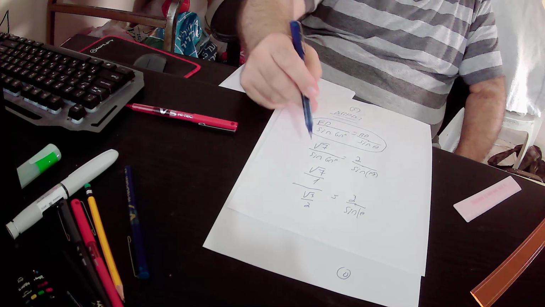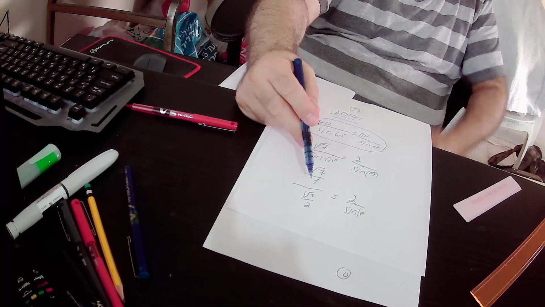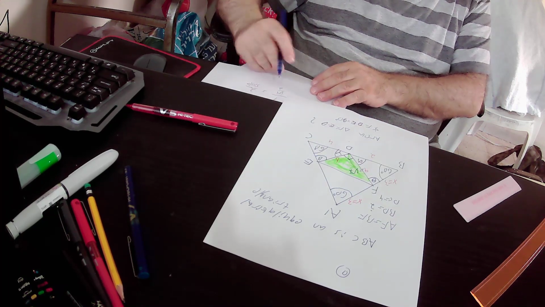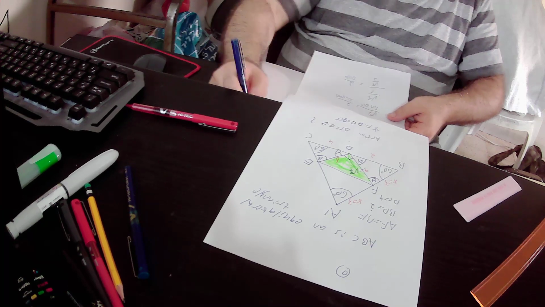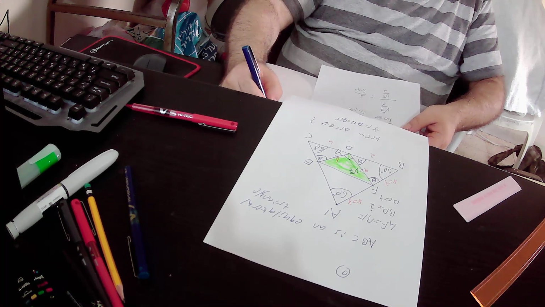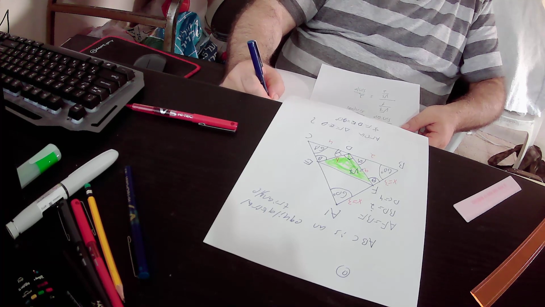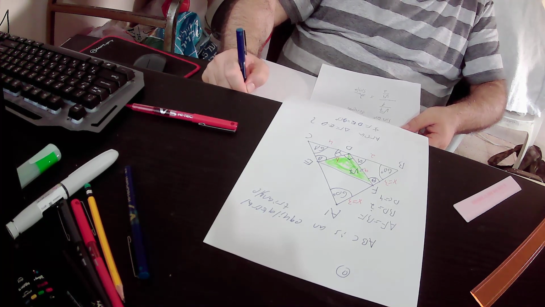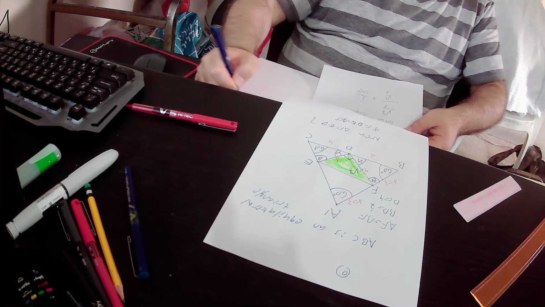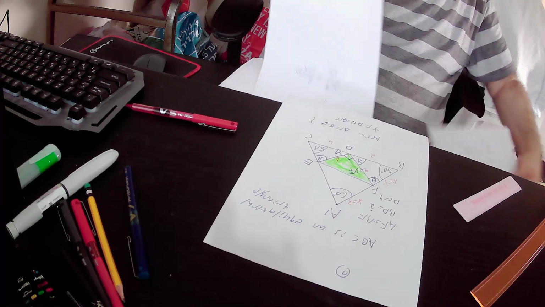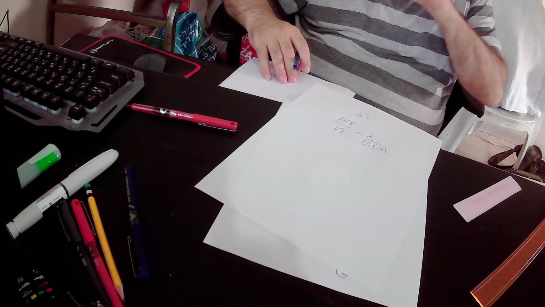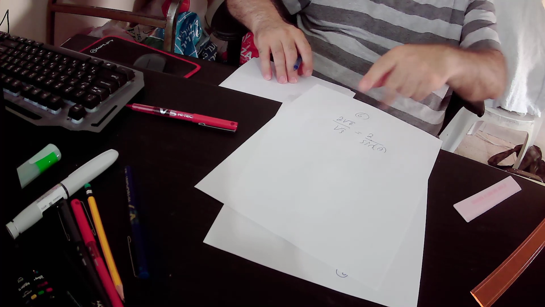Here we can do the simple arithmetic, that actually 2 times root 7 over root 3 equals 2 over sine theta.